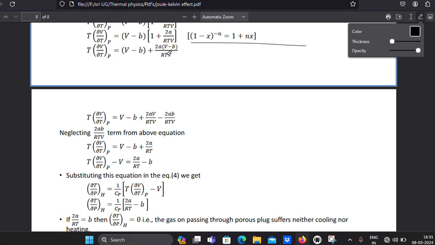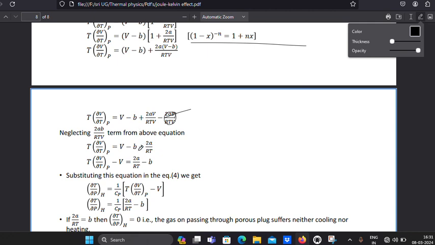So multiplied and separated. Here more constants are present, 2, a, b, r, so that is why it is neglected. Neglecting the 2ab by rtv term from the above equation, the remaining equation is this only.